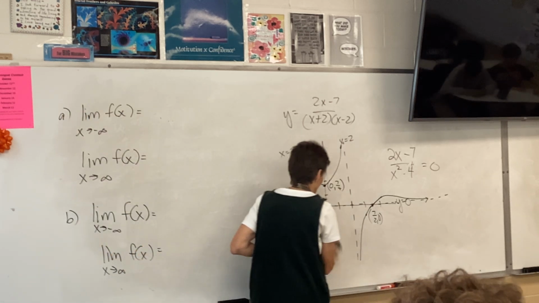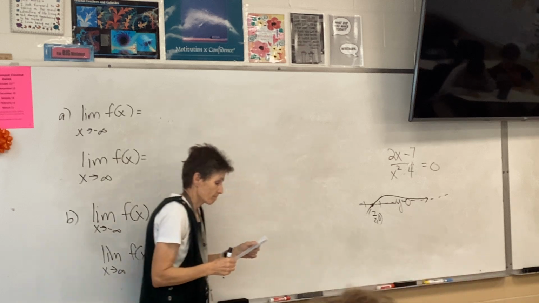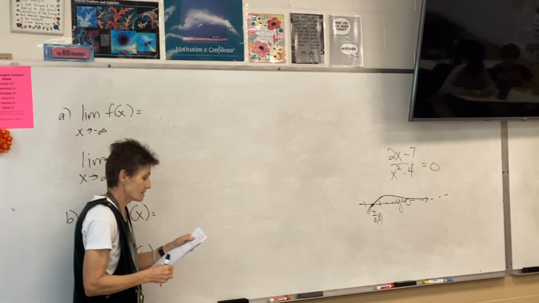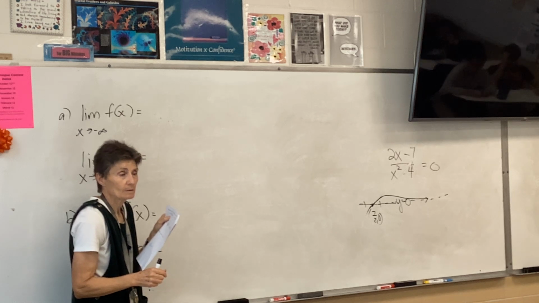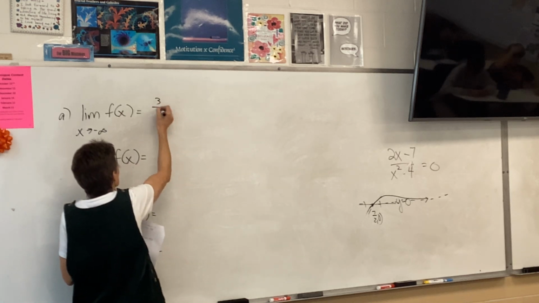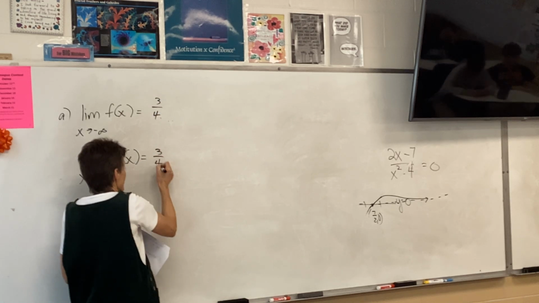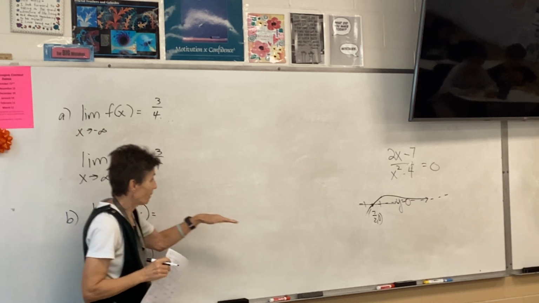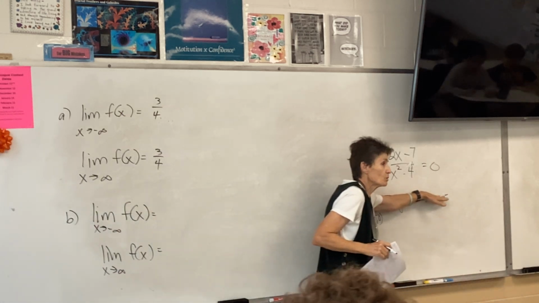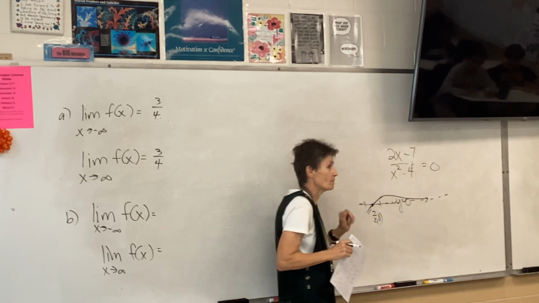What do you think about problem A? What's happening on the ends of that picture? What's it heading toward? 3/4. And does it matter which direction I'm going? No. Probably if I were to graph it, one of them would be coming up, one would be approaching from the top, and one would be approaching from the bottom.